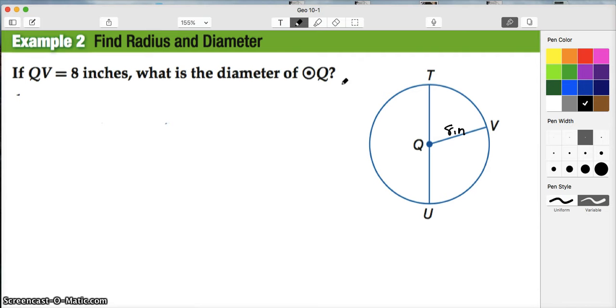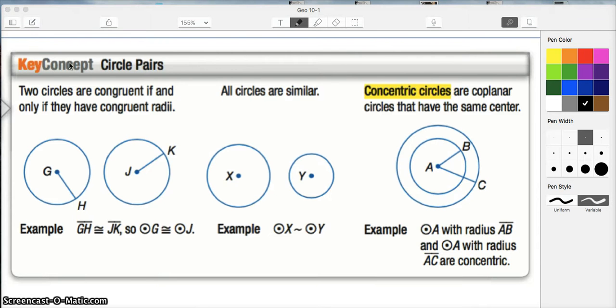What is the diameter of circle Q, this particular circle here? And we talked before that we know that the diameter is equal to 2 times the radius, and so there's no question that if we were to extend this and make this a diameter, the diameter would simply be 2 times 8, and therefore the diameter would be 16 inches.